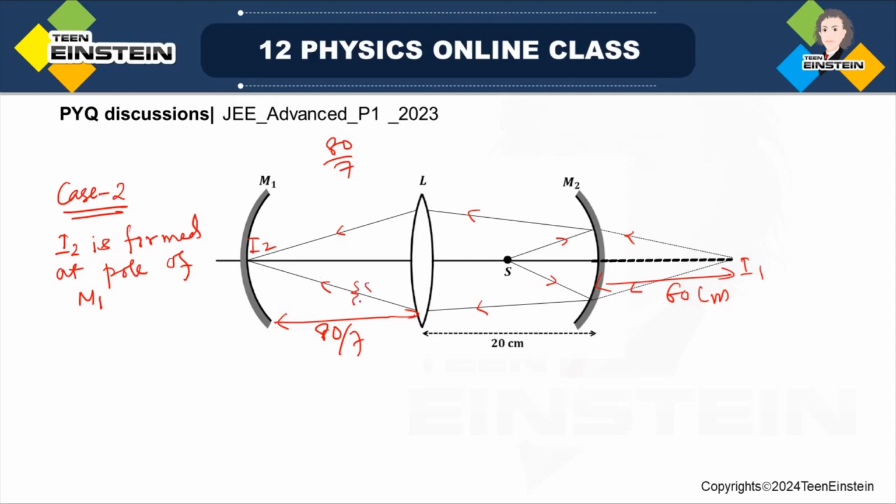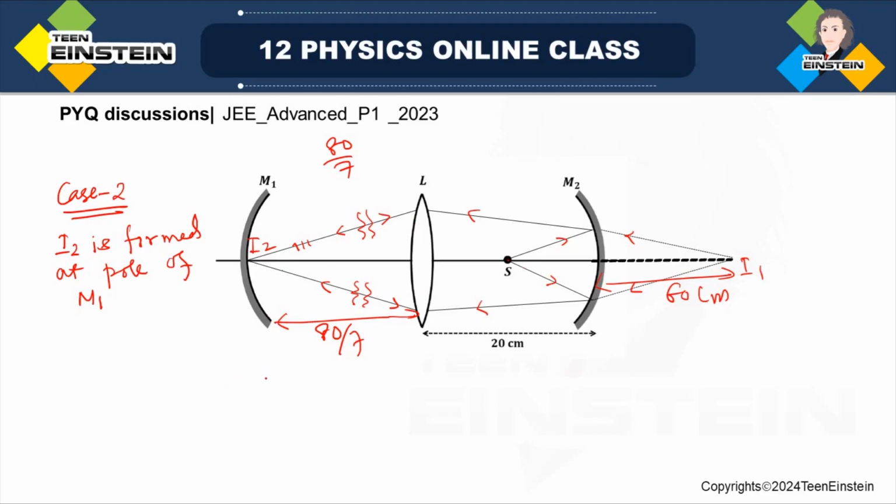If I give some notation, this ray will be this one after reflection. Now this ray after reflection becomes this one. The rays get interchanged, the path will be retraced, and the final image will be formed here.